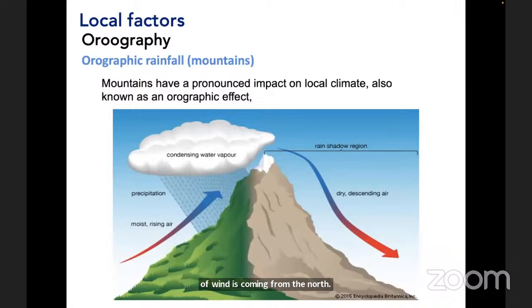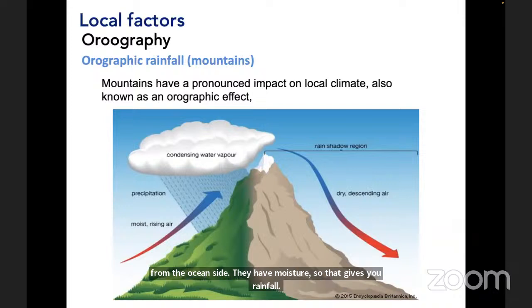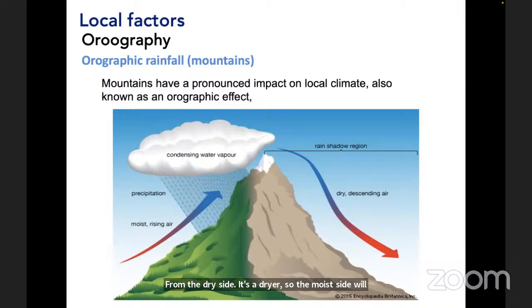They come together, and when that happens, they rise up together. Normally the wind coming from the ocean side has moisture, so that gives you rainfall. From the dry side it's drier, so the moist side will give you rain when they rise together.